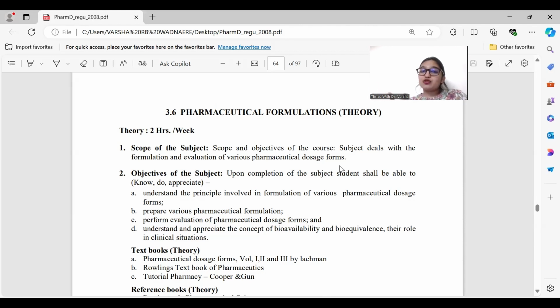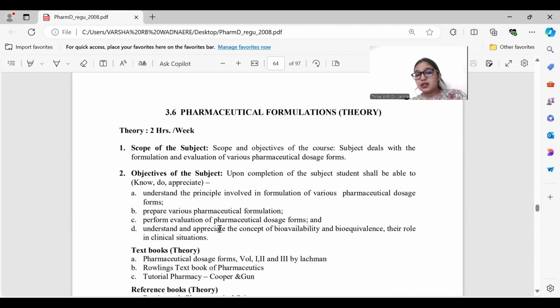For that you should have knowledge of every type of formulation, and you will be working in a clinical setting. At that time you should know, okay, these are the types of formulation available for this drug. Whatever is feasible as well as affordable and most effective for the patient, you should be advising those formulations for the patient.